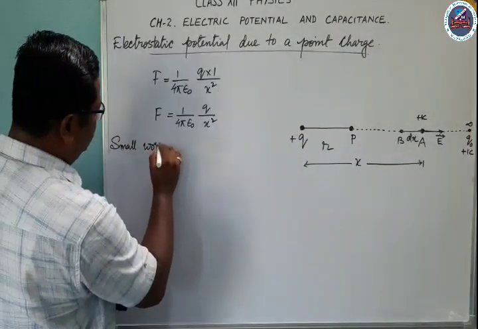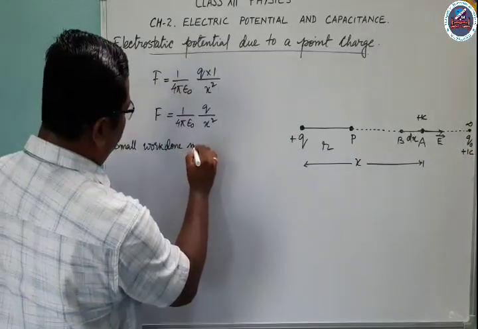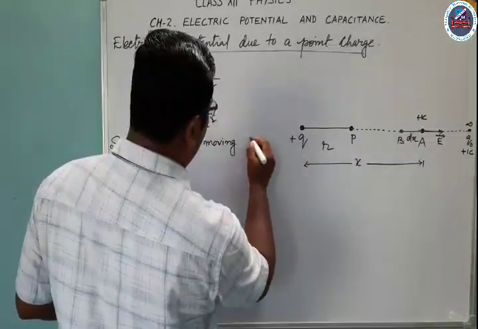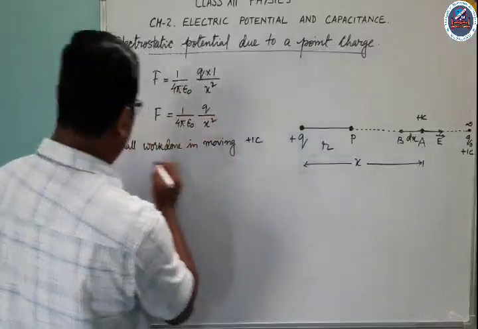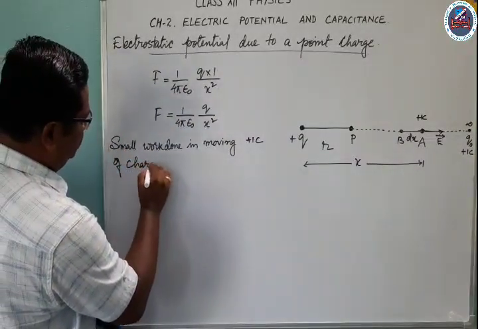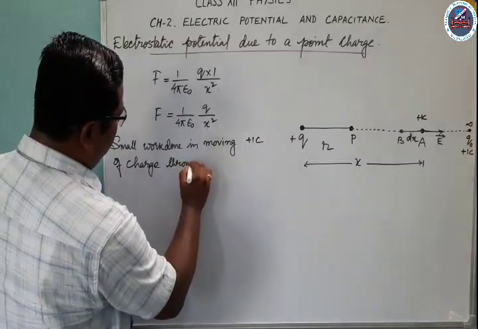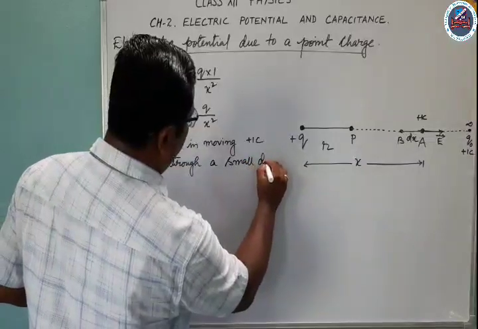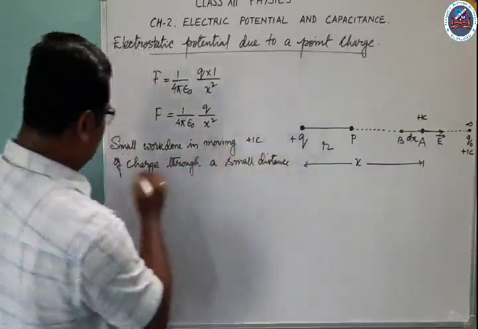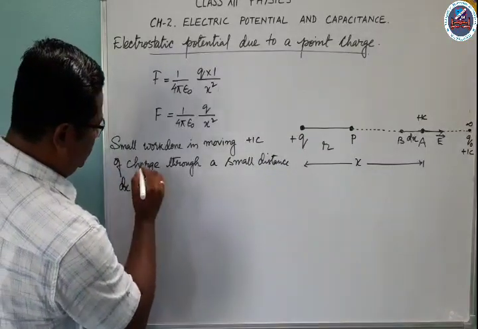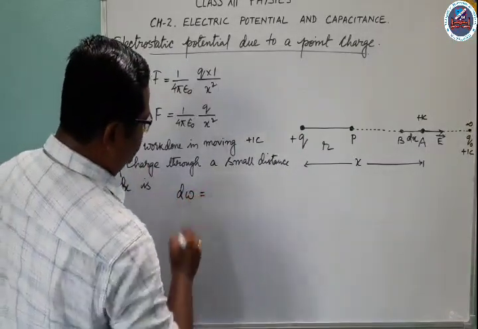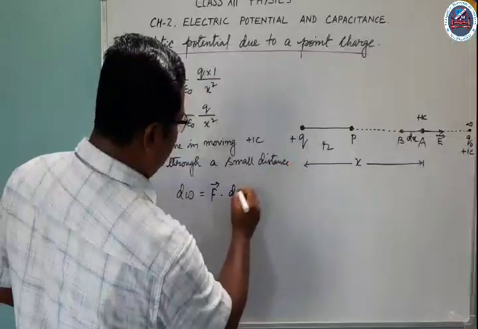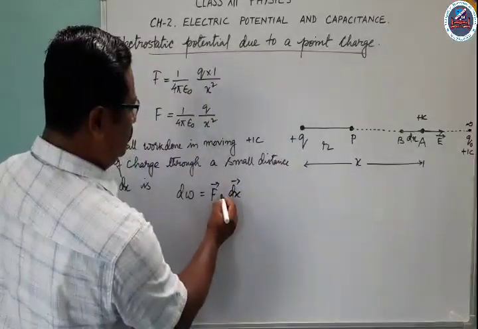Small work done in moving or in bringing plus 1 coulomb of charge through a small distance dx is dW equal to F dot dx, dot product of force and displacement.